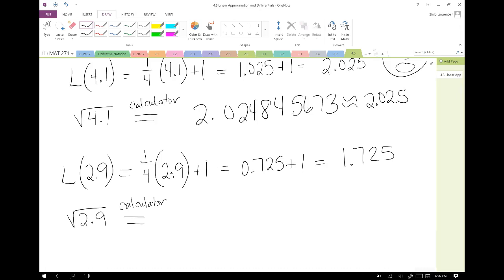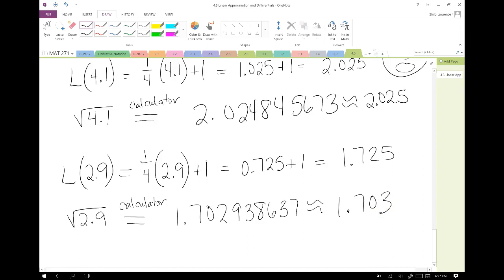So on the calculator, the square root of 2.9, again, it's an irrational number. We've got to write out a whole bunch of decimals for this. It's 1.702938637. So like I said, we're not quite as close. If we round it to 3 decimals, it's 1.703.